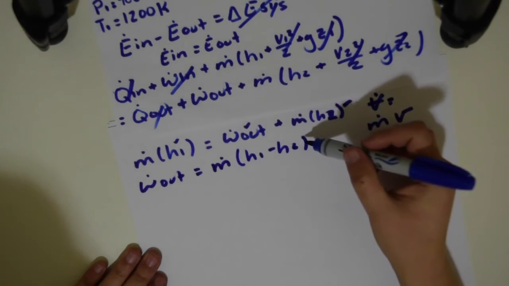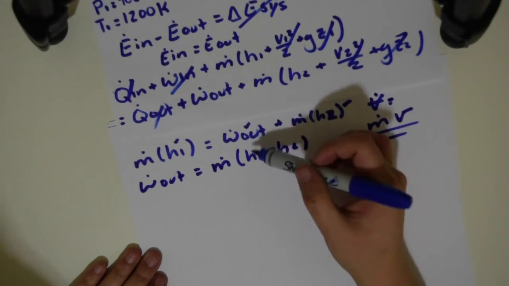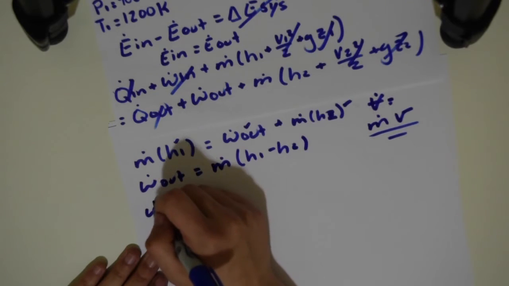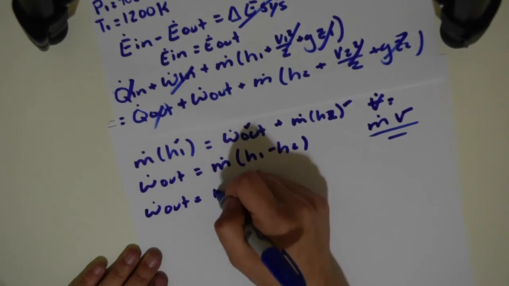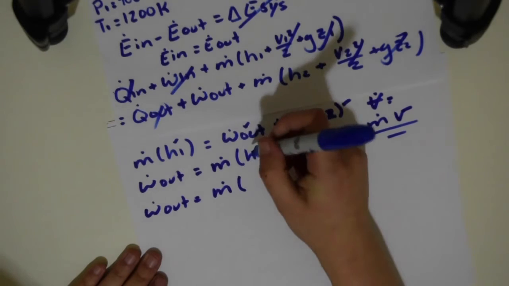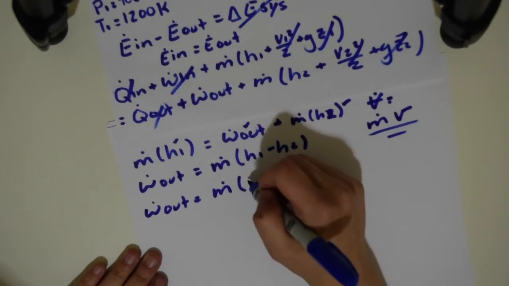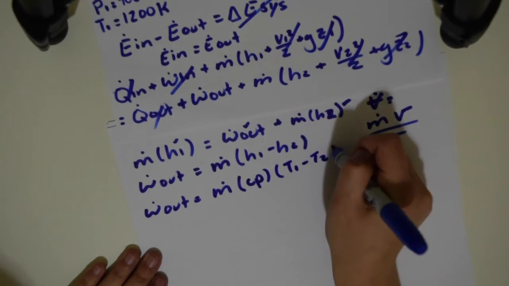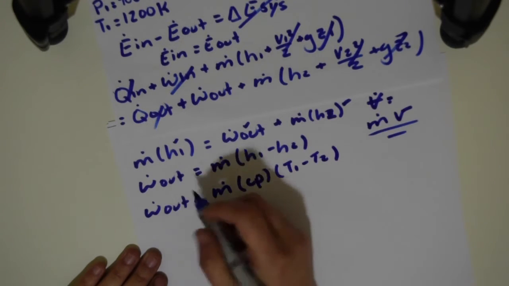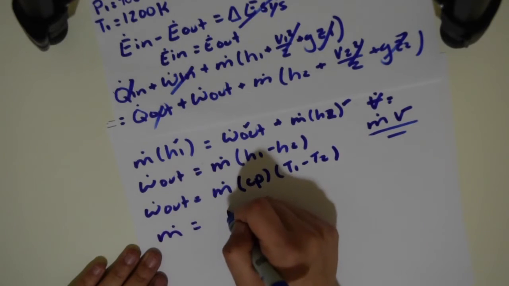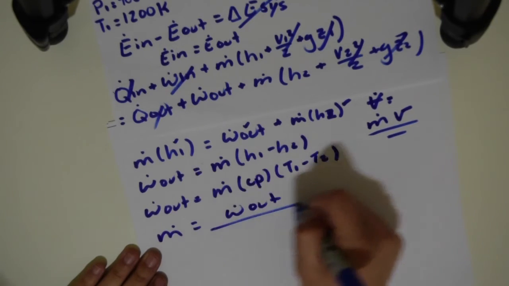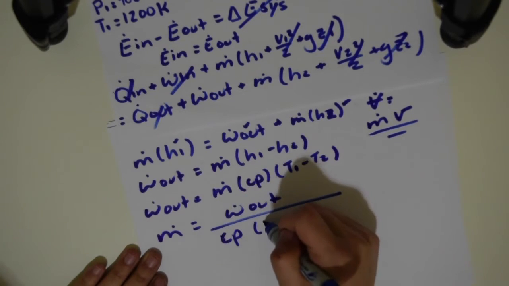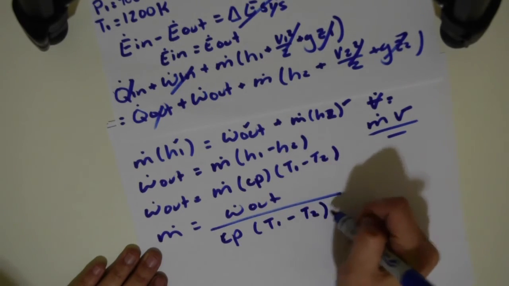This is an ideal gas with constant specific heats, so we can change this, and so work dot out is equal to m dot times Cp times T1 minus T2. We need to get m dot by itself. m dot is equal to work dot out over Cp times T1 minus T2.